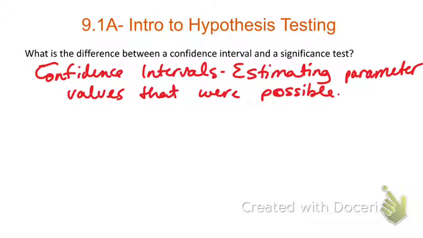So based on our sample, we would give a range of values that could possibly be the truth. The shift with a hypothesis test is that we're not really going to have a range of values anymore. We're going to have a single value that we're going to basically put on trial.